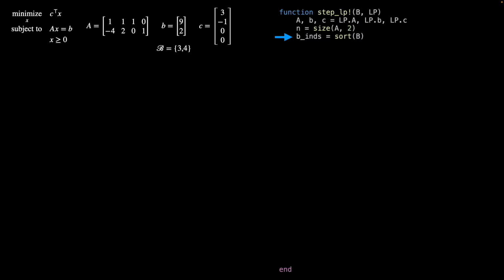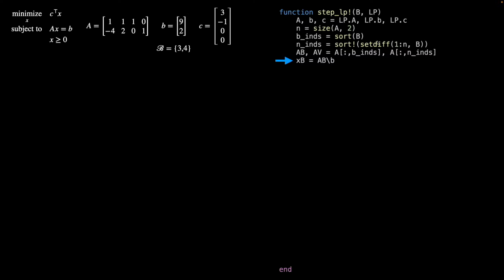Okay, so this is the step LP function here. What we've done to initialize is straightforward, what we've already seen. We sort our basis indices, and then the free indices, these n indices, are just the set difference between 1 through n components and what's in our basis.